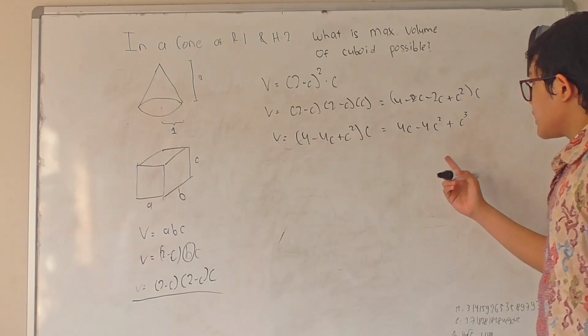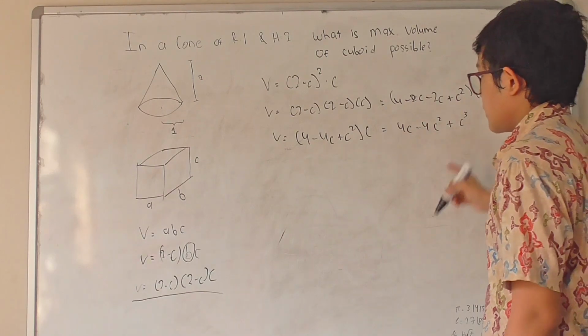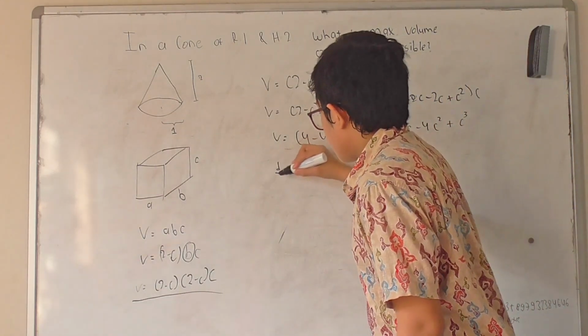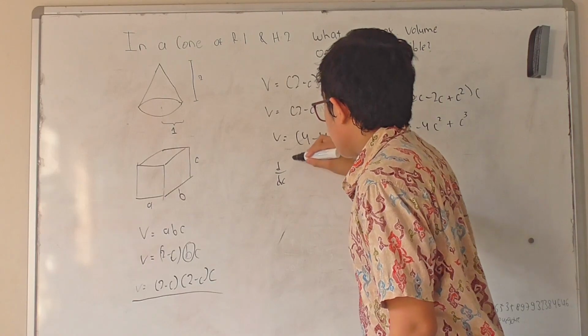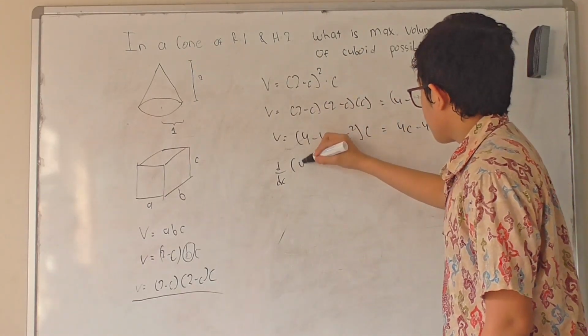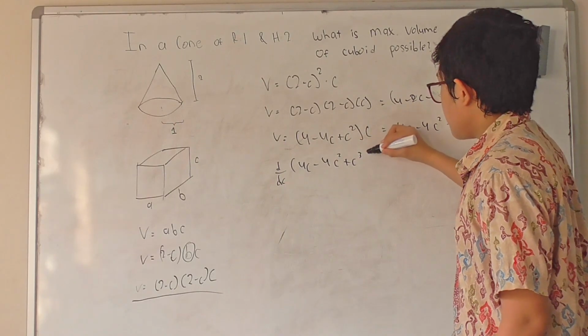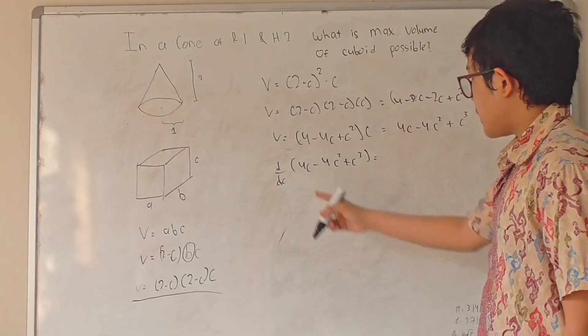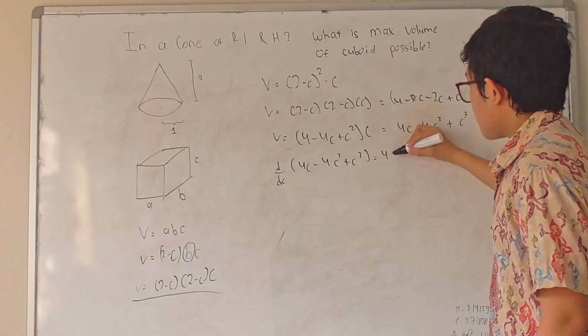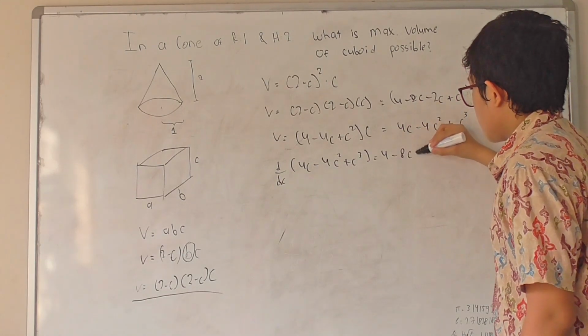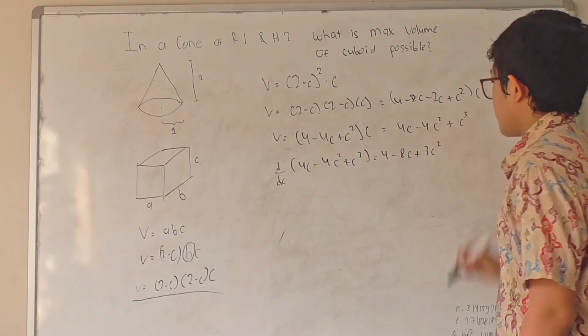So now, to optimize it, let's find the derivative of this function. The derivative d over dC of 4C minus 4C squared plus C to the third is, using the power rule, 4 minus 8C plus 3C squared.